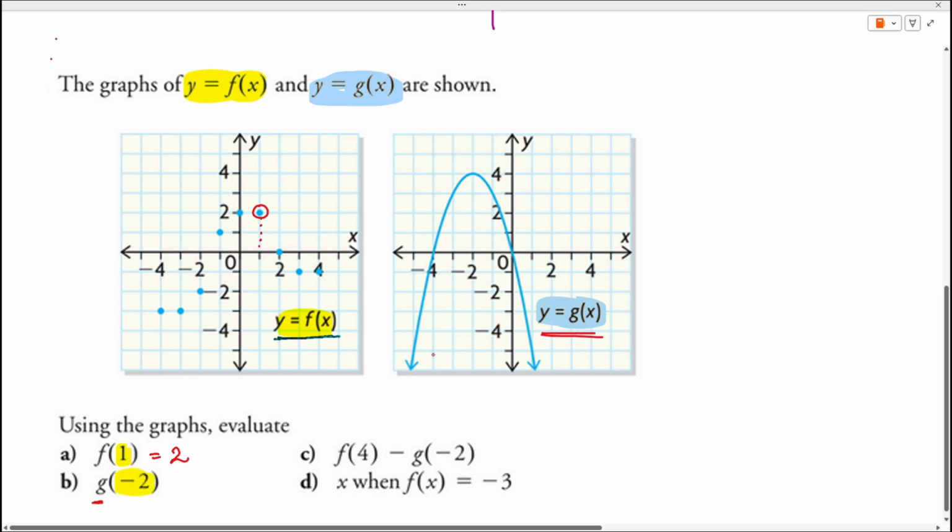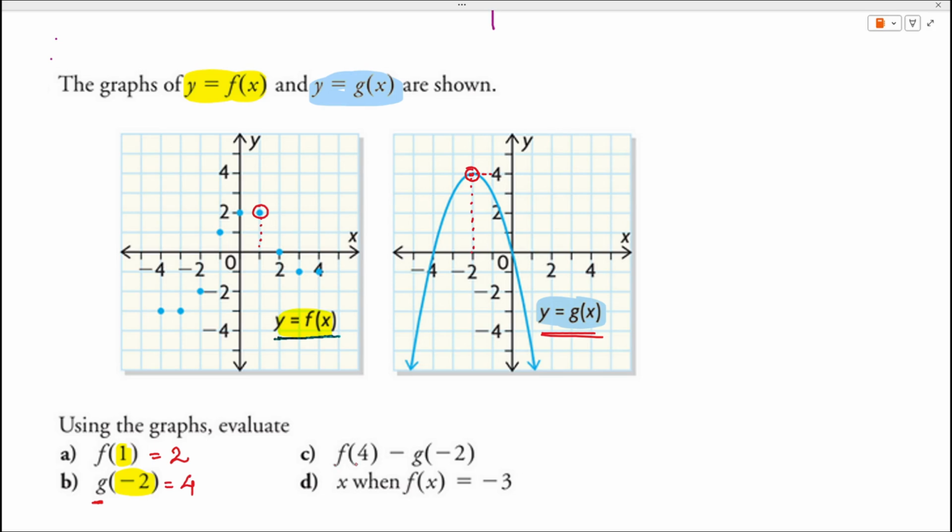Let us again go to the graph. The x value negative 2 is over here. To find the y value, we'll see where it meets the graph at x equals negative 2. At this point, y is equal to 4. So g of negative 2 is equal to 4.